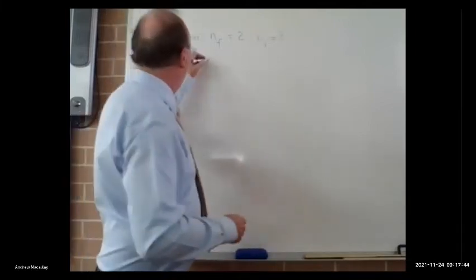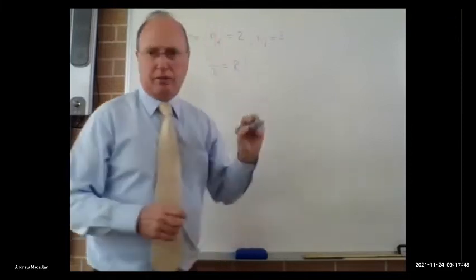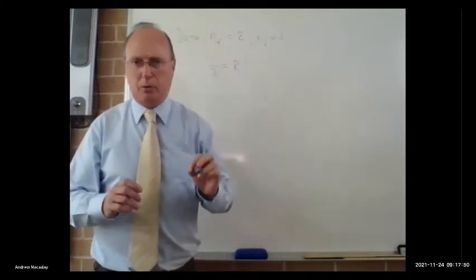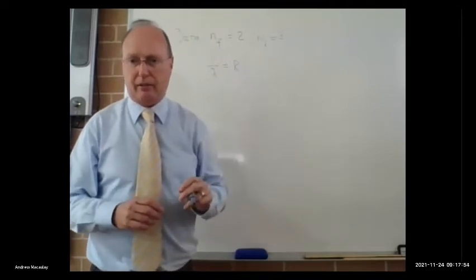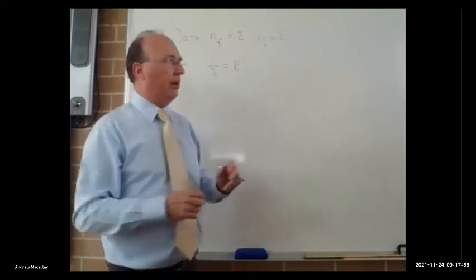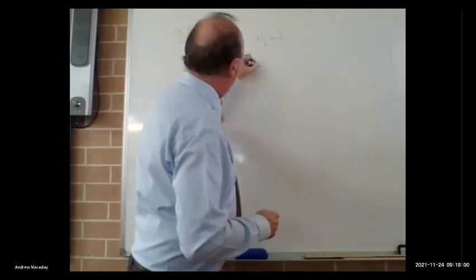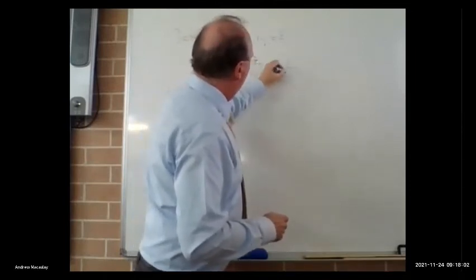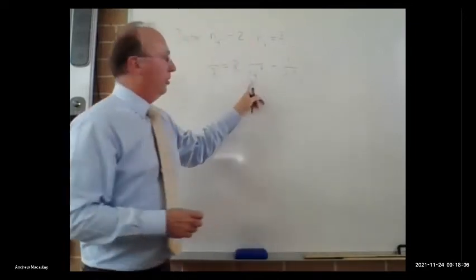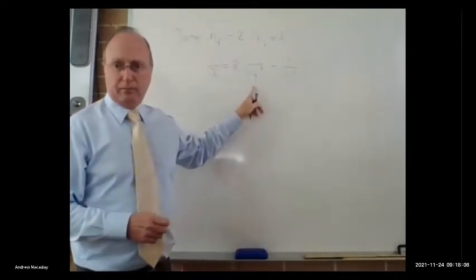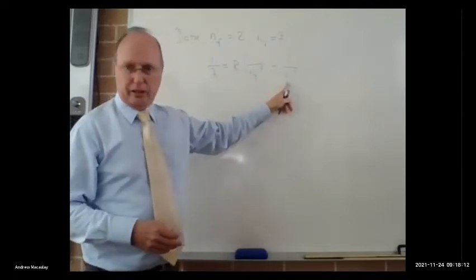It's this one: 1 over lambda equals big R brackets. And then we've got a complicated looking expression. It's important that we get this right, not only when we're writing it, but how we do it on the calculator. You'll see what I mean in a minute. So it's 1 over nf squared minus 1 over ni squared. So that's the final energy level. That's the initial energy level.